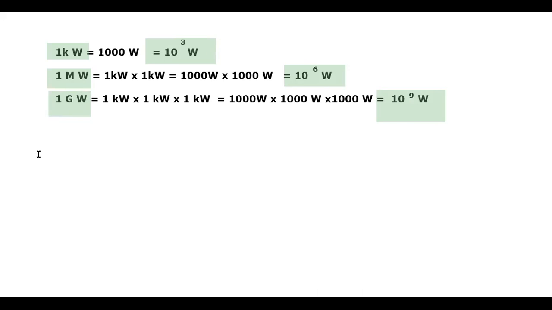Students, there is one more unit of power, that is horsepower. If you see the power of a battery or an inverter, it is written in horsepower. One horsepower is written as HP, small h, or you can write capital H also, but it's better if you write small h.